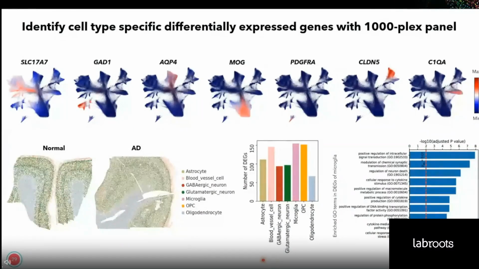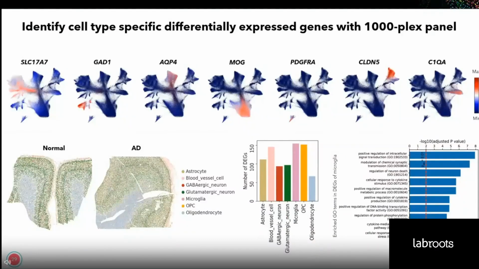You can see in different cell population, we can detect a different number of differentially expressed genes, with microglia as the most affected one. On the right side, I did a gene ontology analysis, basically to identify the signaling pathways that are enriched in these differentially expressed genes. This analysis is done with the differentially expressed genes from microglia.